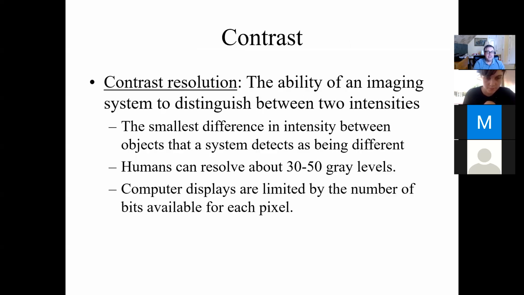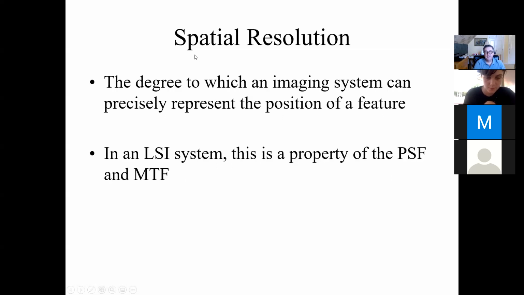But the idea is similar, right? When we say resolution, we mean what level of detail can we get with respect to that axis of the system. So again, the contrast or intensity axis or the spatial axis. Spatial resolution is a property of the point spread function and/or MTF, right?